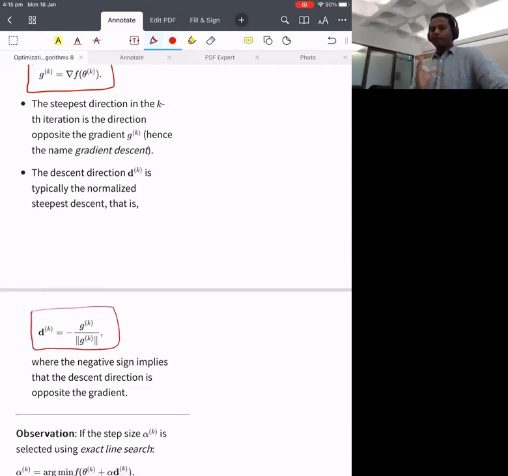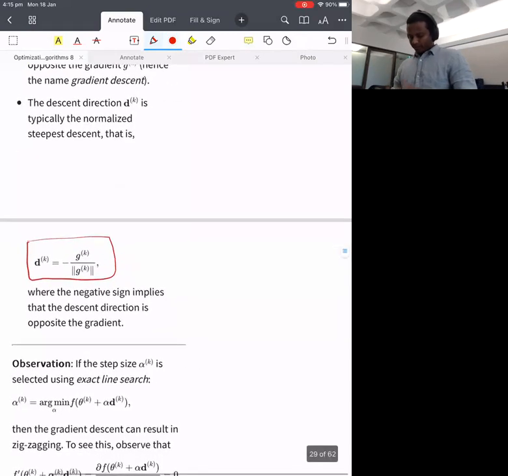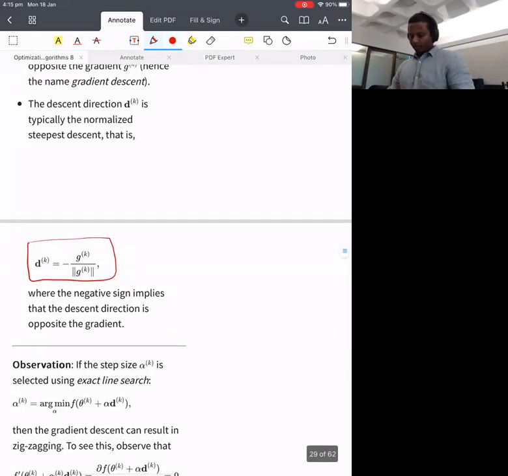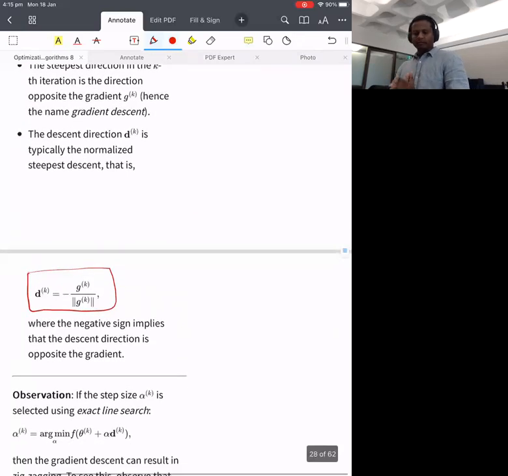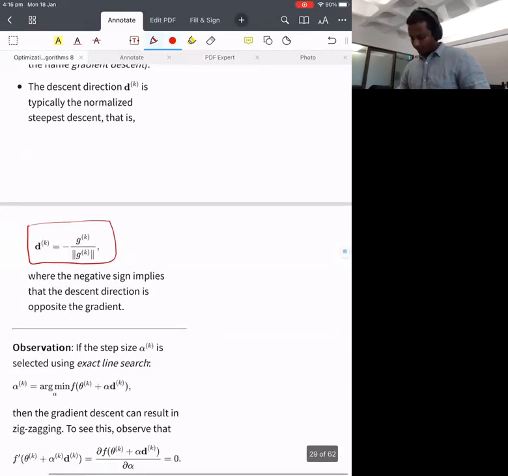By normalizing, we are saying that we take one step of unit length, and then that unit length is multiplied with the learning rate, we will see that. But the descent direction length is a unit by normalizing it.